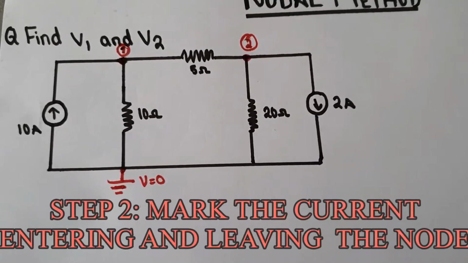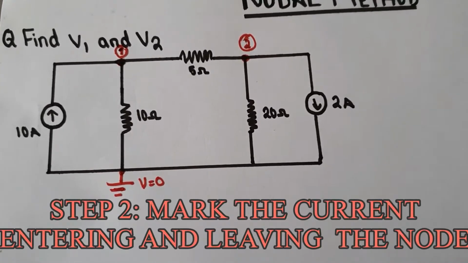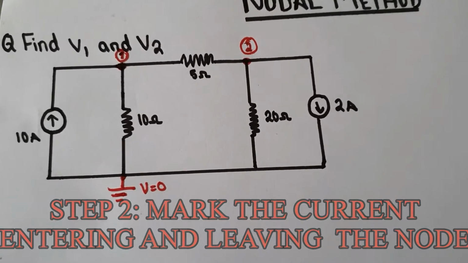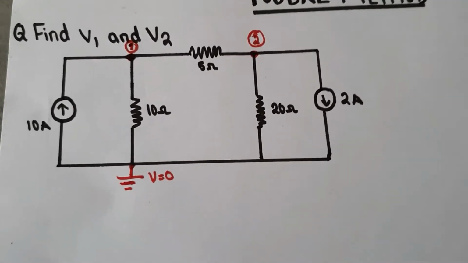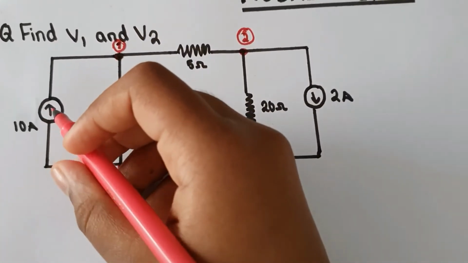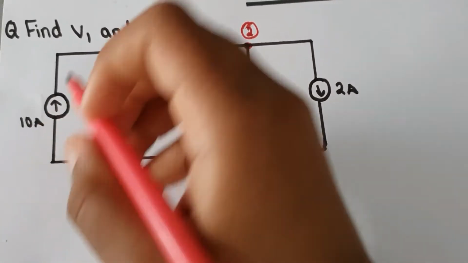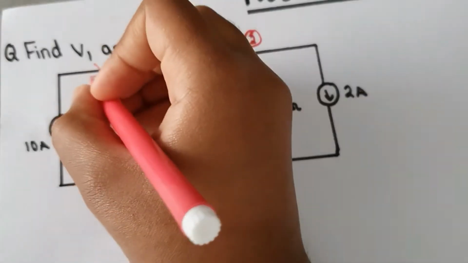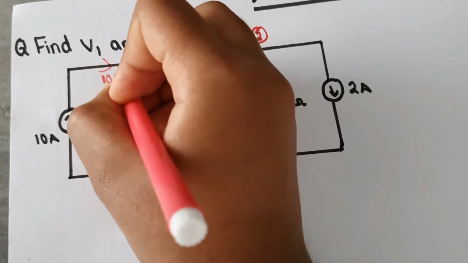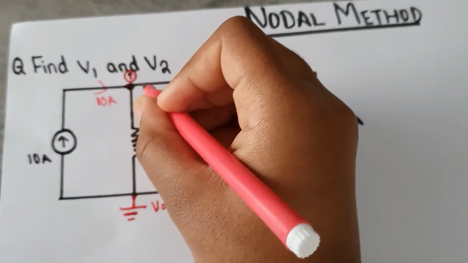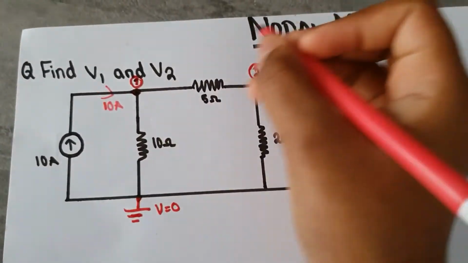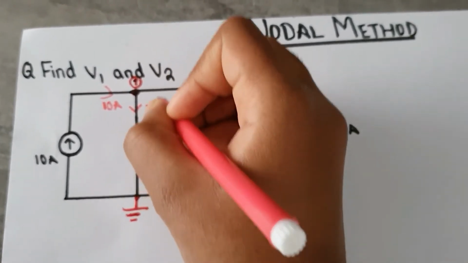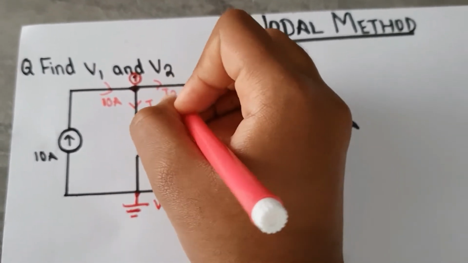Now step 2 is marking the current that's entering and leaving the node. So you need to mark all the currents. Let me begin here. There is a 10 ampere current which is entering, so I can give 10 ampere entry, and then this 10 ampere splits here, and we say that it's flowing here as I1, here as I2.